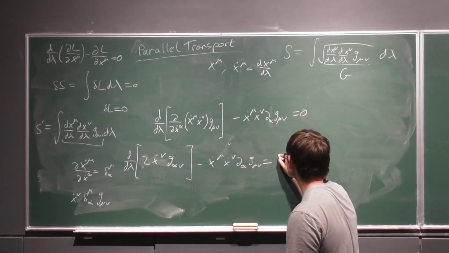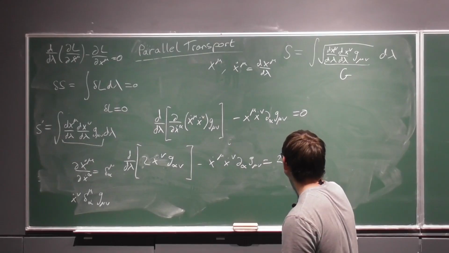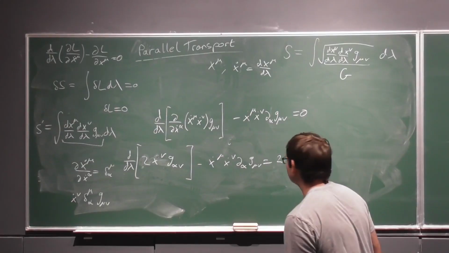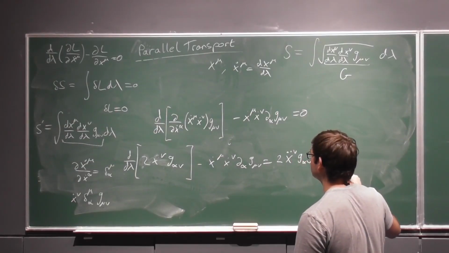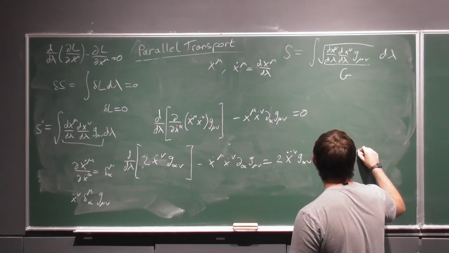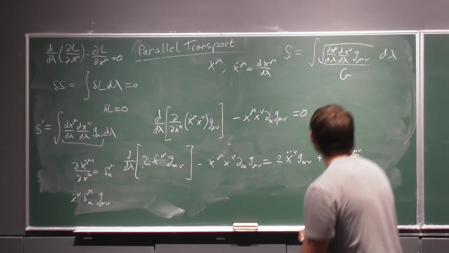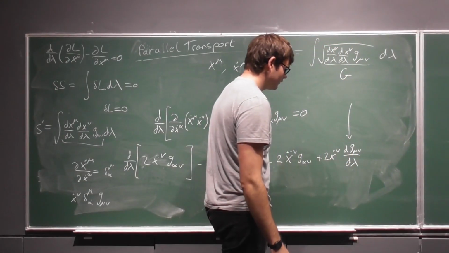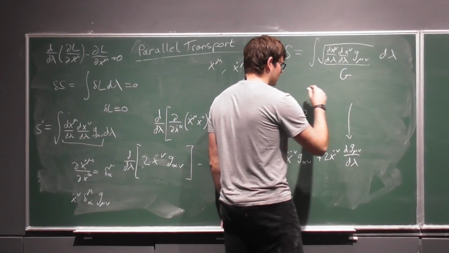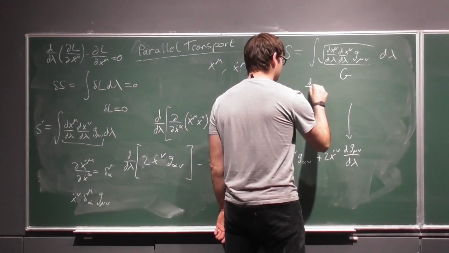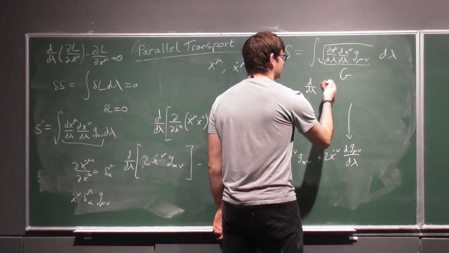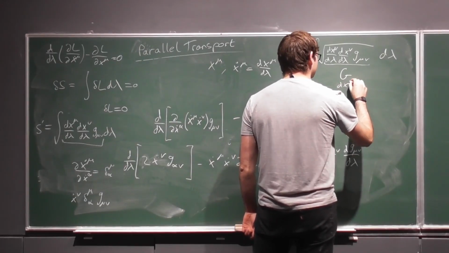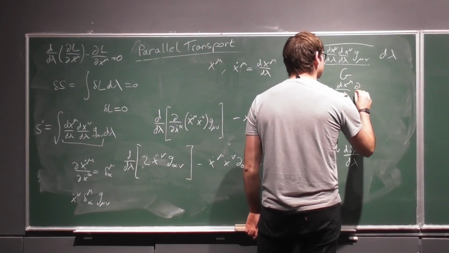Okay, then we just have to take the derivative of this. So we're going to get 2 x double dot nu, g alpha nu. Then on the second term, we're going to get 2 x dot nu, then we have the derivative of g mu nu with respect to lambda. On this one, we can use the chain rule, so that d by d lambda is equal to dx mu d lambda, d dx mu.